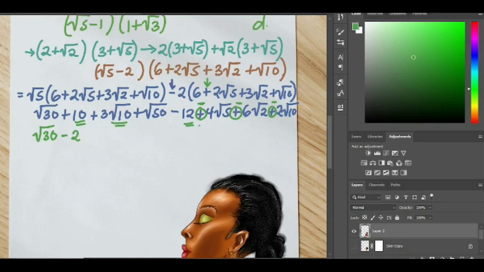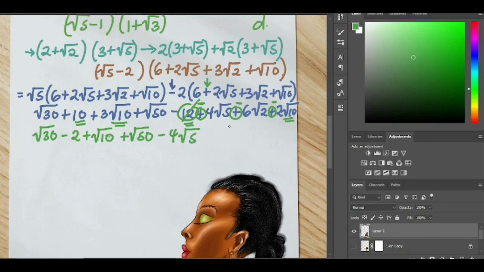It is a like term with 2 root 10. So you take 3 root 10 minus 2 root 10, and you're going to remain with 1 root 10. So here we'll have plus root 10. And then we have root 50 here. And then this 12, you have already gotten the answer for it. We have minus 4 root 5.